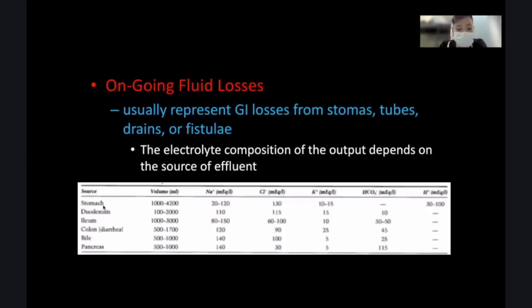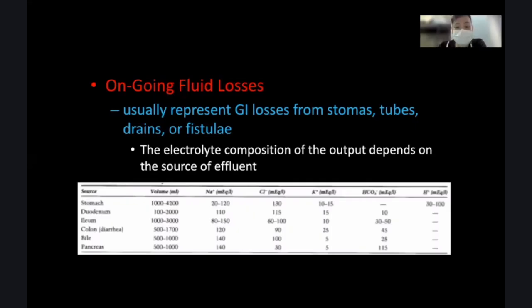So for stomach, if you are vomiting continuously, 1 liter to 4.2 liters, you would lose around 20 to 120 mg of sodium, 130 mg of chloride, 10 to 15 mg of potassium, and 30 to 100 mg of hydrogen.